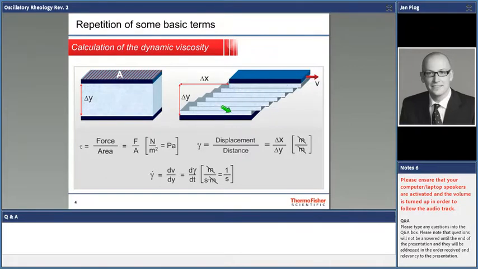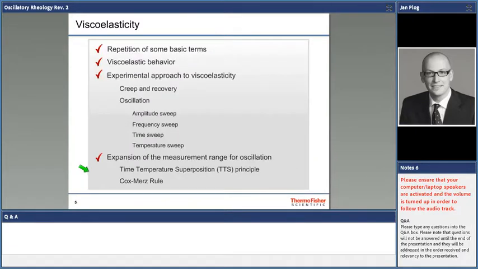Okay, so the speed difference between those two fluid layers here is the same as between those. The shear rate thus is constant over the whole gap. For now, however, we should keep in mind those two parameters, deformation and stress, because we're going to talk about them more extensively later on during the presentation.